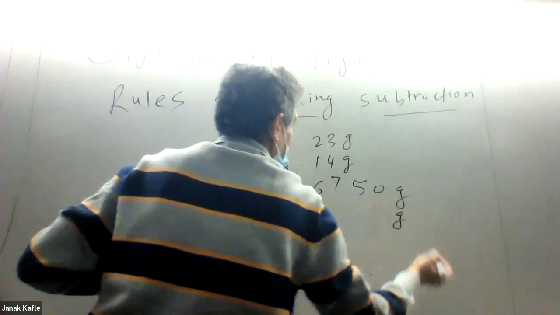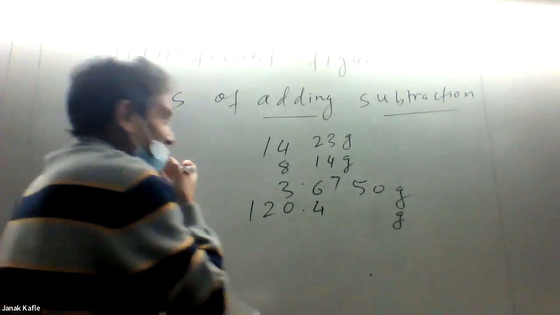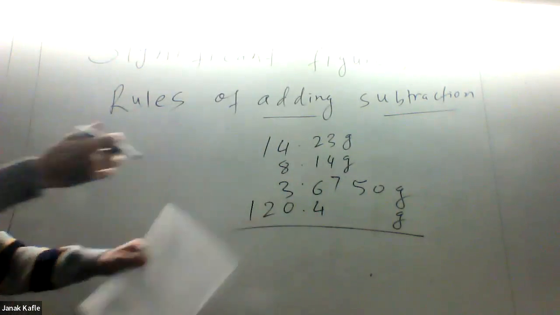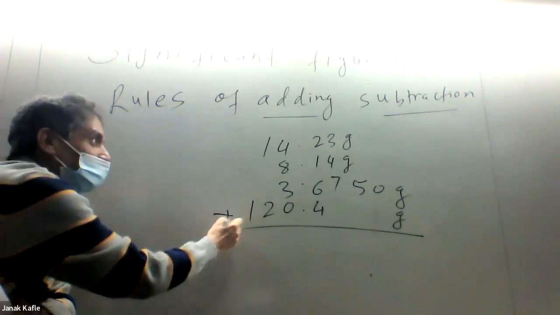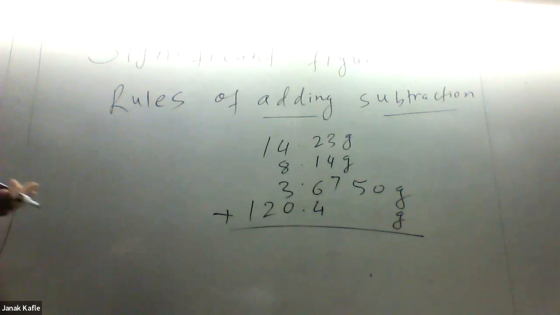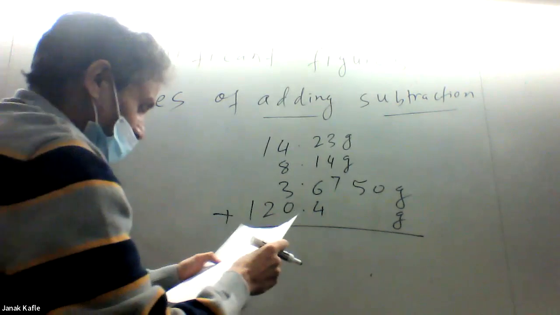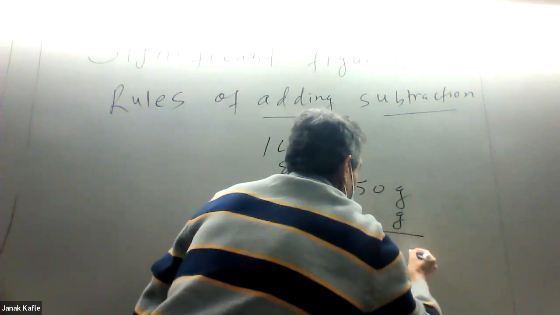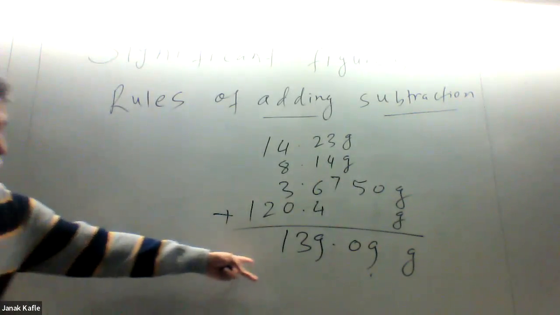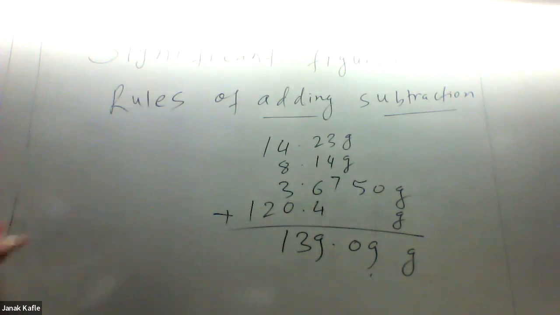So I measured the 4 masses in a balance, and I need to add these masses now, right? Now what I do is I just put these numbers in my calculator, and the calculator gives me the answer, 139.09.